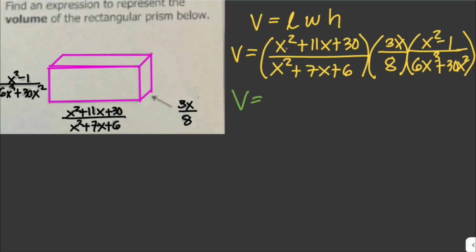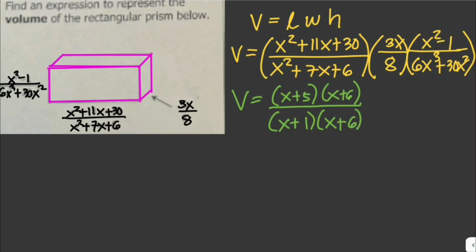We can simplify x squared plus 11x plus 30. We factor. That would be x plus 5 times x plus 6. And then the denominator, x squared plus 7x plus 6, can be factored as x plus 1 times x plus 6. Then times 3x over 8 times x squared minus 1, which is the difference of two squares.